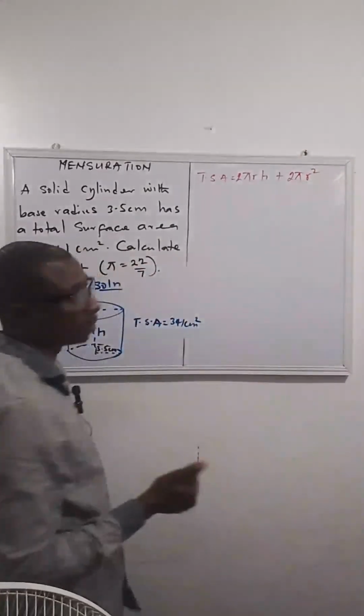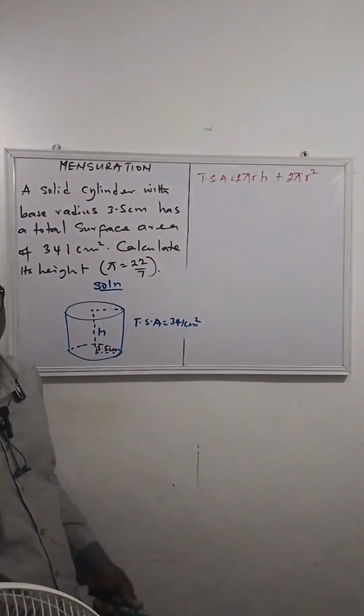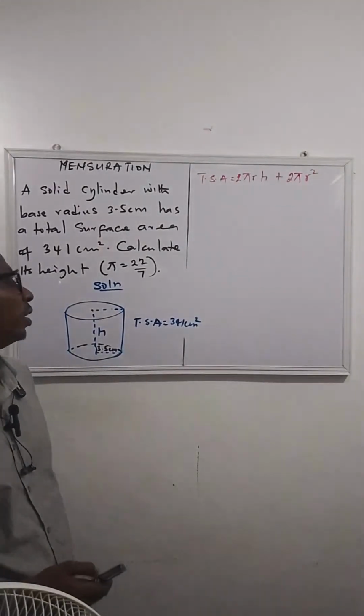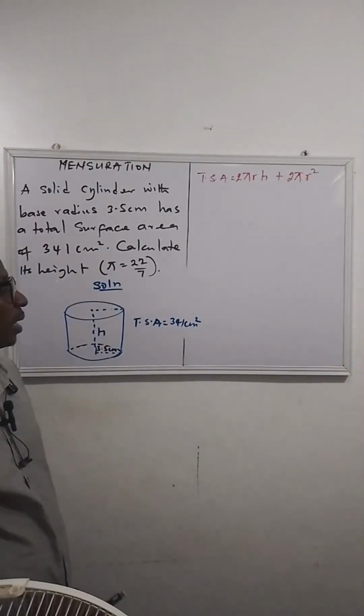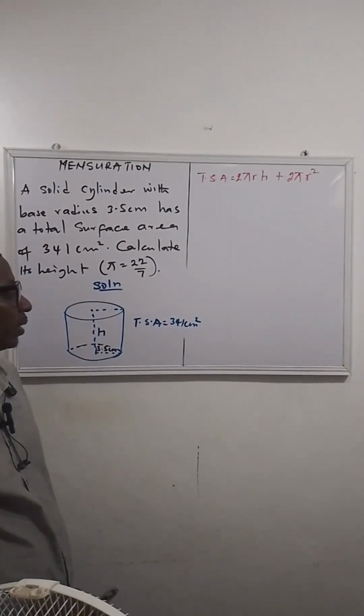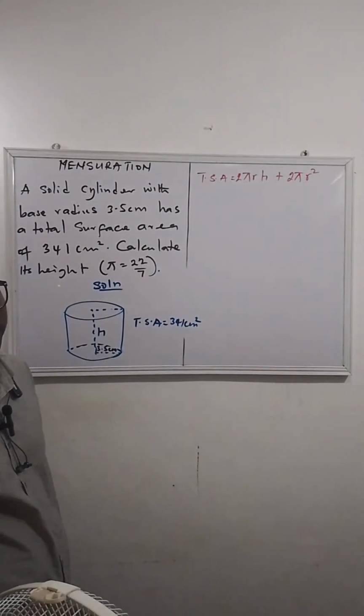All right, so this is the formula for calculating the total surface area of a cylinder. Now can we go ahead and plug in the values given?